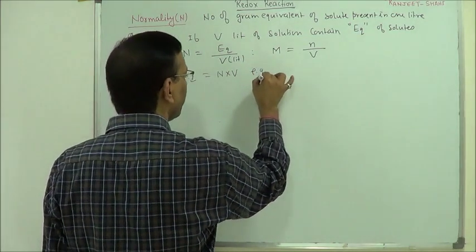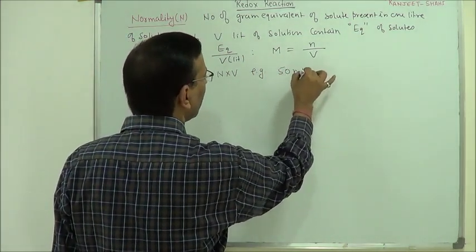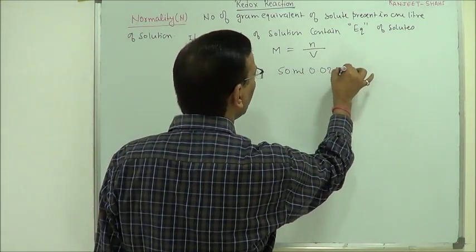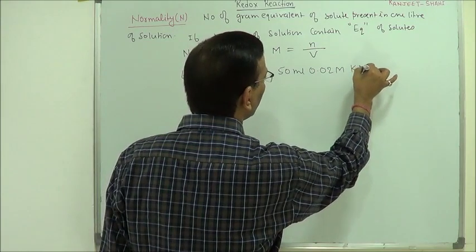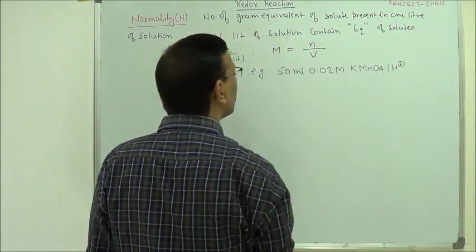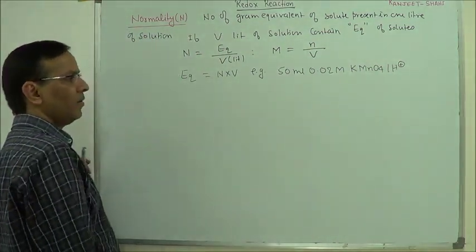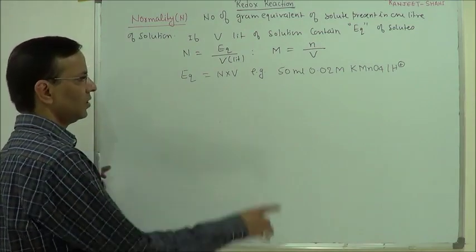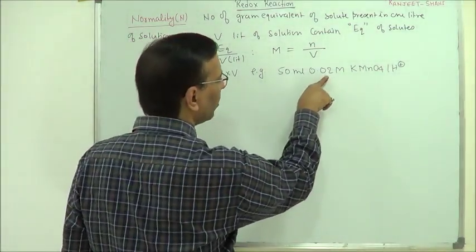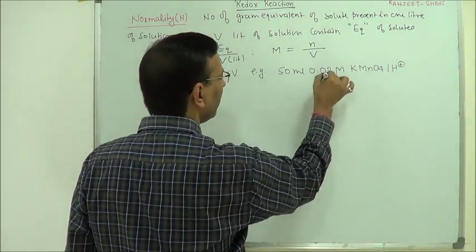Let us take an example. Suppose we have 50 ml, 0.02 molar KMnO4 solution in acidic medium. Now we want to know the number of gram equivalent of potassium permanganate in that solution. So first we convert molarity into normality. Molarity multiplied by n factor is normality.